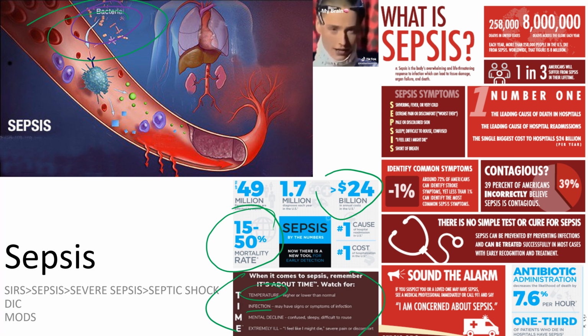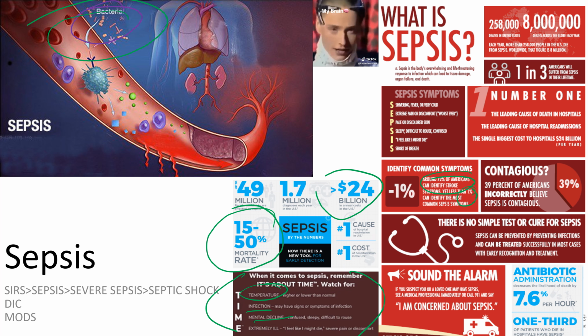I think there's a stat that 72% of Americans can identify stroke symptoms. What are stroke symptoms? Be FAST, right? So we have a good campaign on that, but less than 1% can identify sepsis symptoms. Do you have sepsis or not? I don't know. So you have to be able to teach to this. And the M is mental decline.